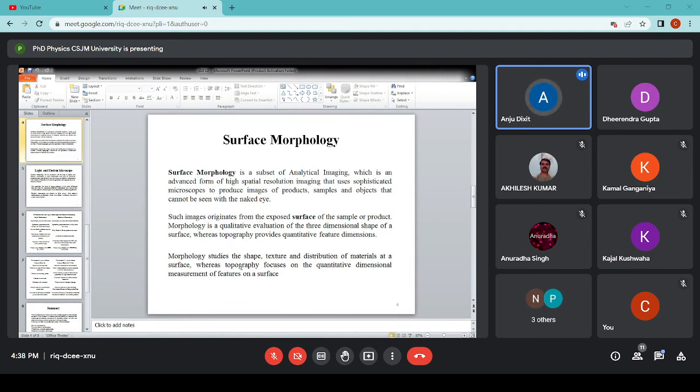Morphology studies the qualitative features, and by topography we mean quantitative data in terms of dimensional measurement or other features on a surface. So we use both terms.